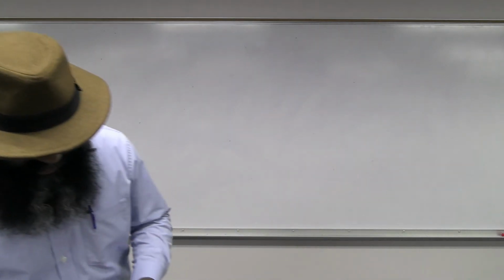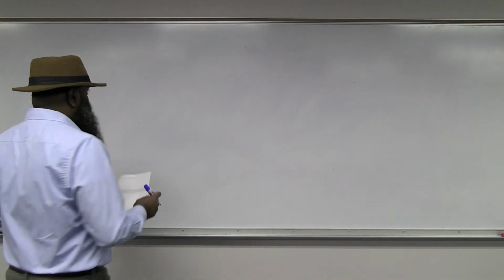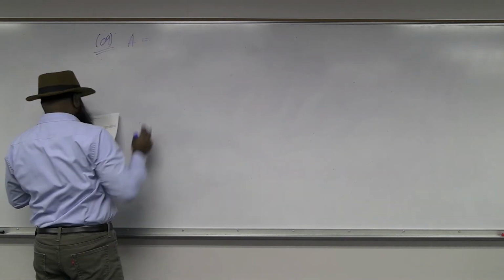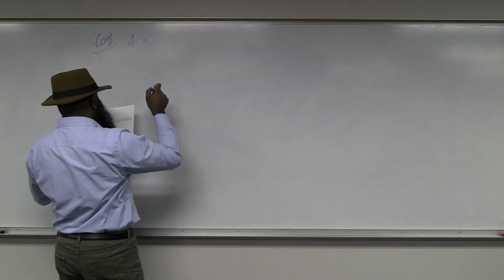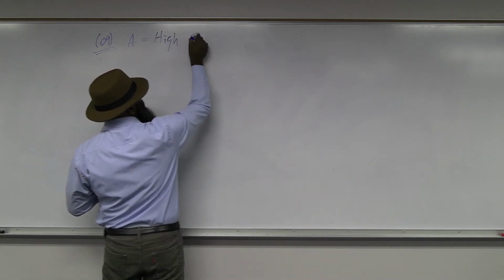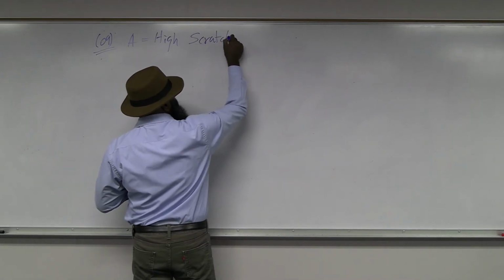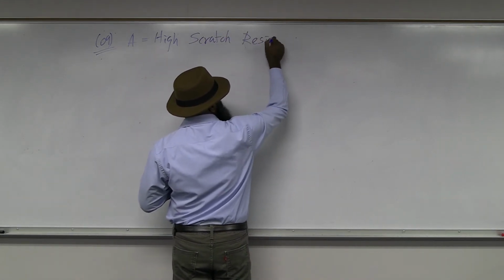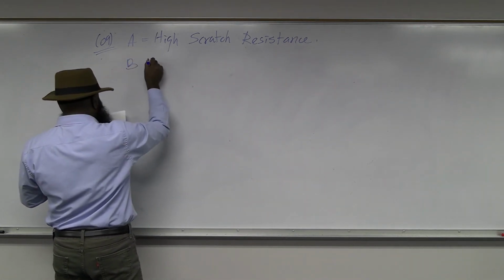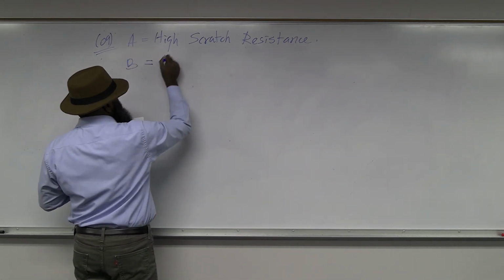So I will define them as A and B. So I will let A be the event of high scratch resistance. And I will let B be the event of high shock resistance.